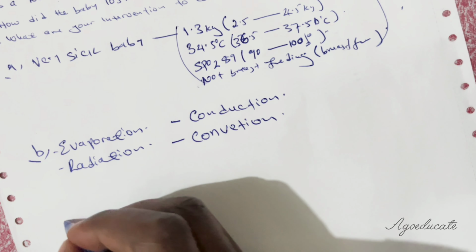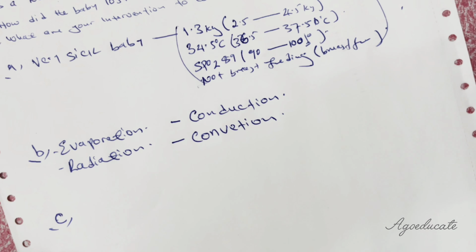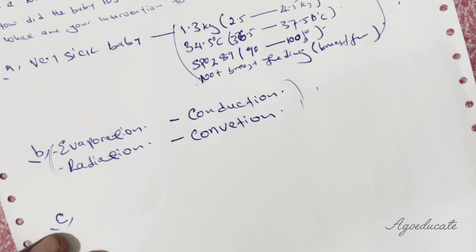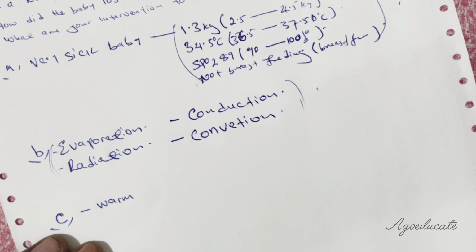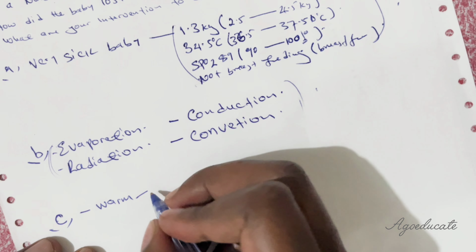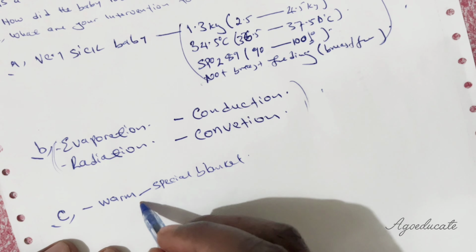Let's see question C. In question C, they said, what are your interventions to correct the low temperature? First, we are going to warm this baby. How? We are going to cover this baby with a special blanket to provide heat.